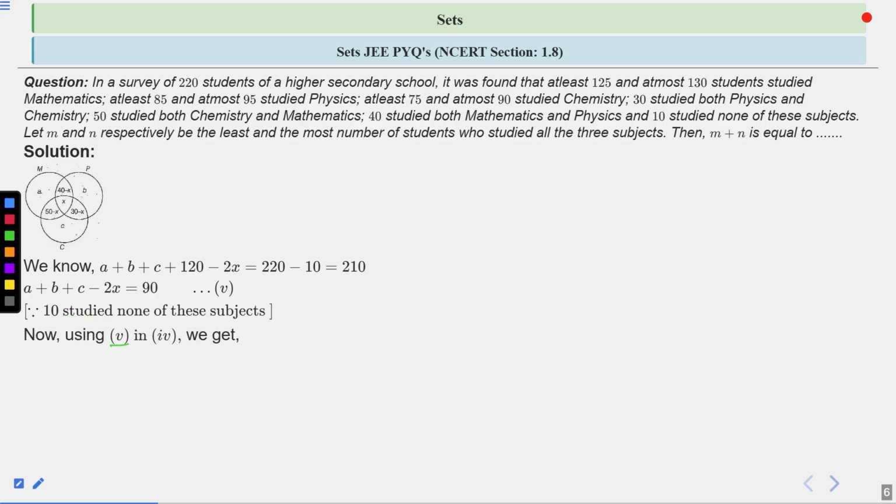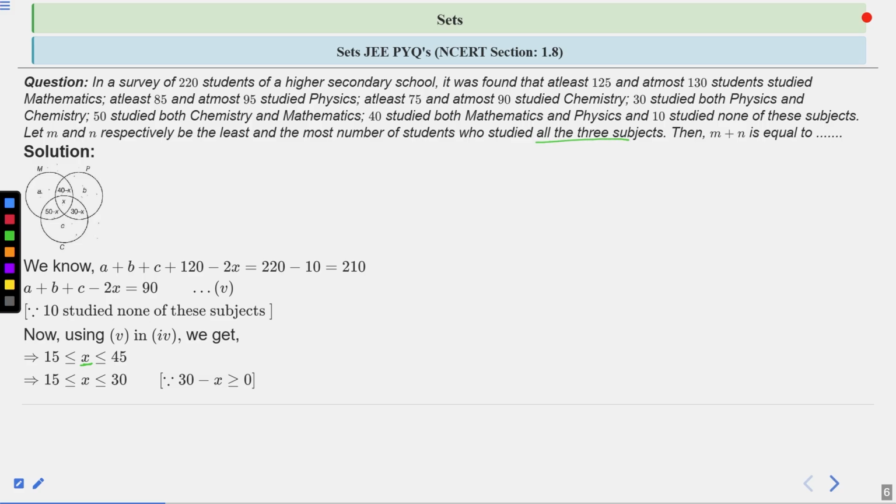Now, using the fourth inequality and the fifth equation, we get 15 less than or equal to x less than or equal to 45. Here, x represents the students who studied all the three subjects.